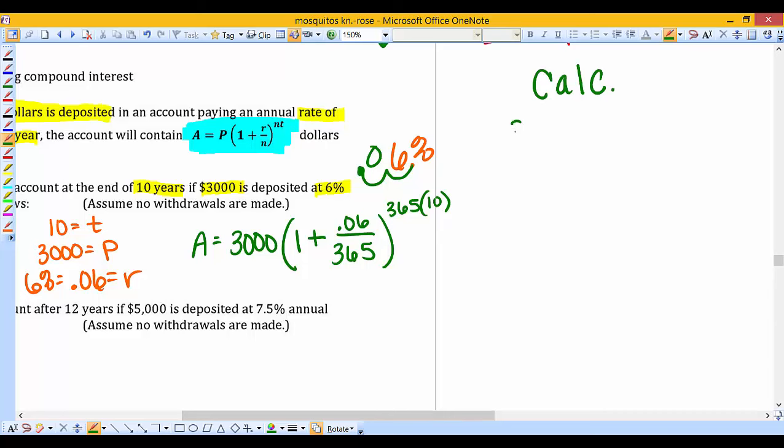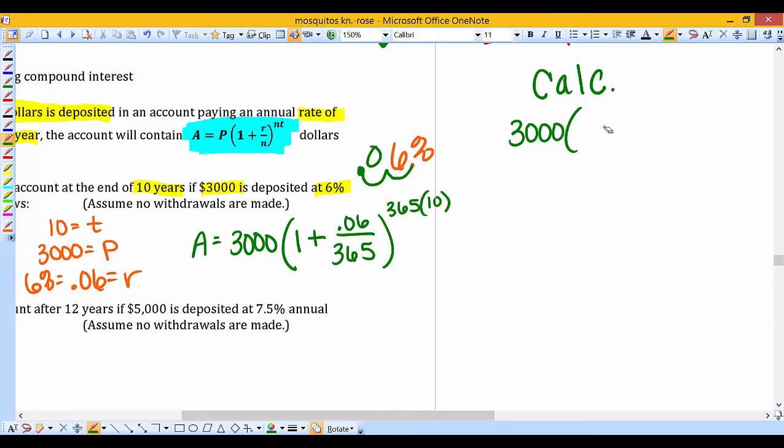I am going to start with the fraction, so 0.06 divided by 365. And I get this crazy decimal, and it's e to the negative 4, which means it's in scientific notation.